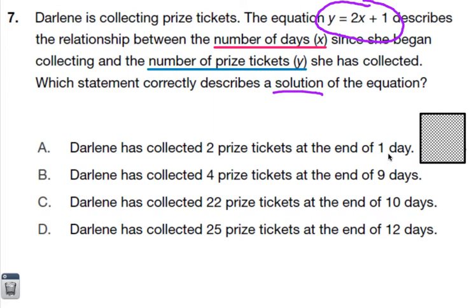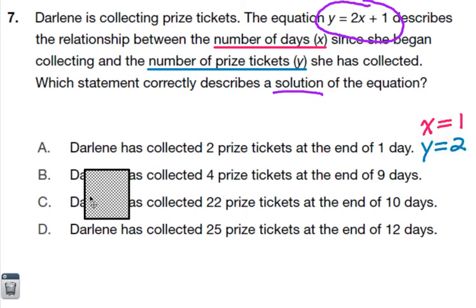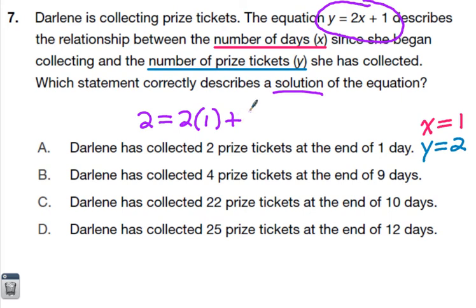Keeping in mind that 1 day would go in for X, and the number 2 for prize tickets goes in for Y. So choice A is basically asking, if I were to plug in 2 for Y and 1 for X, would that actually make it true?